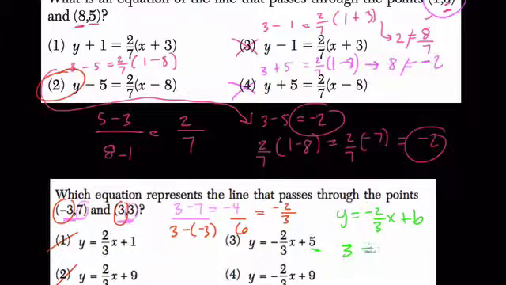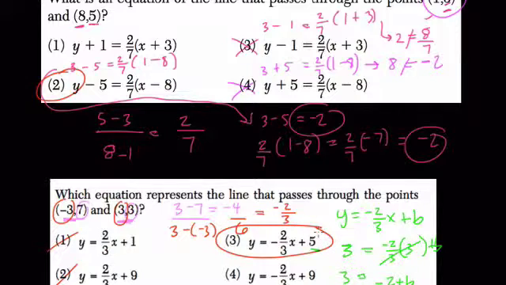We get 3 equals -2/3 times 3, plus b. These 3's cancel out. -2 plus b equals 3. And the answer, if you add 2 to both sides, is 5. So here we should get choice number 3, which is -2/3 x plus 5.